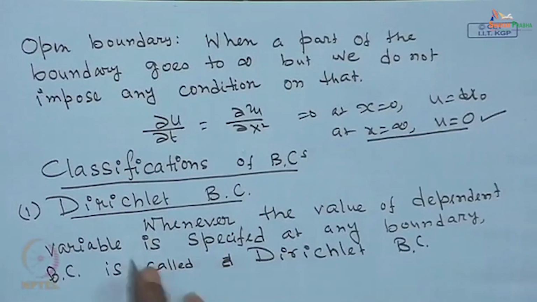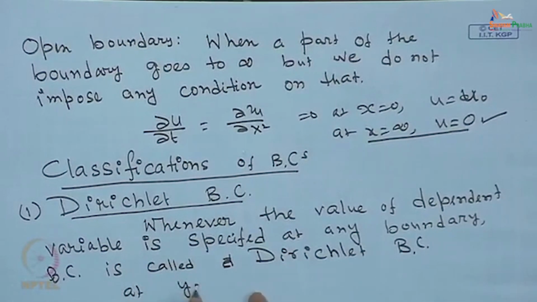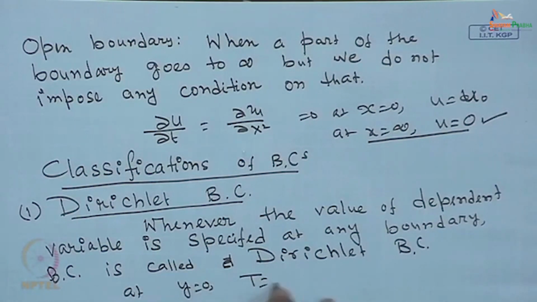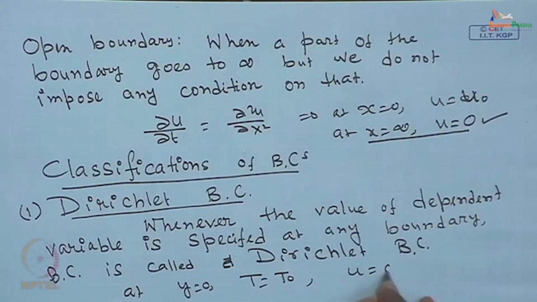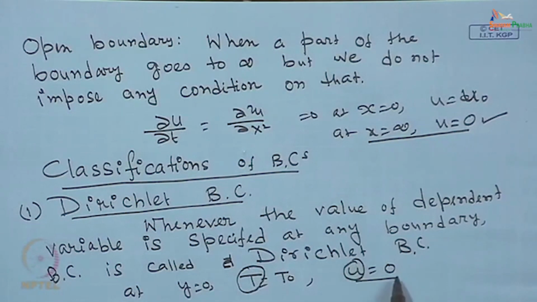For example, at y is equal to 0, t is equal to t naught. This is an example of Dirichlet boundary condition. At y is equal to 0, u is equal to 0. So, this is an example of Dirichlet boundary condition, where the value of the dependent variable is specified, whether it is 0 or some specified value.